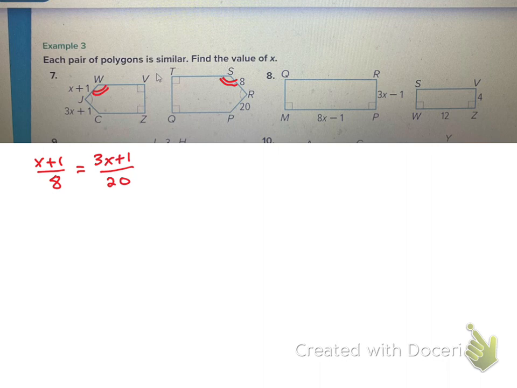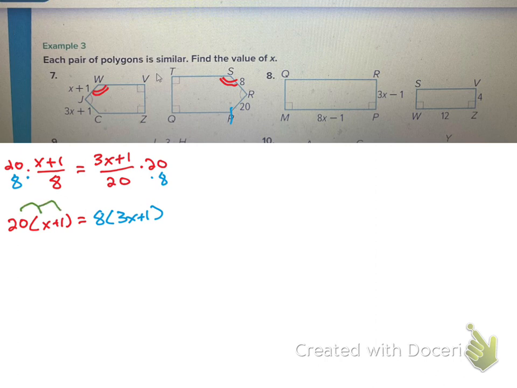So as you can see, I kept the left polygon in the numerator and the right polygon in the denominator. So from there, I multiplied by 20, which gives me 20 times x plus 1 equals. Then I multiplied by 8, which gave me 3x plus 1 times 8.